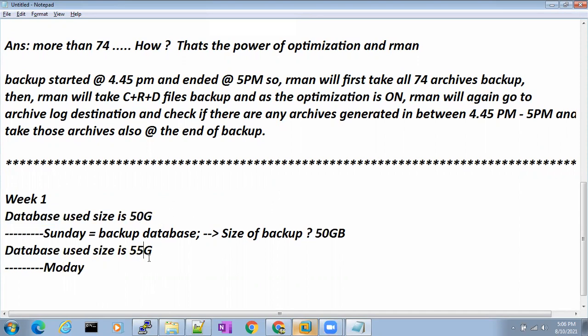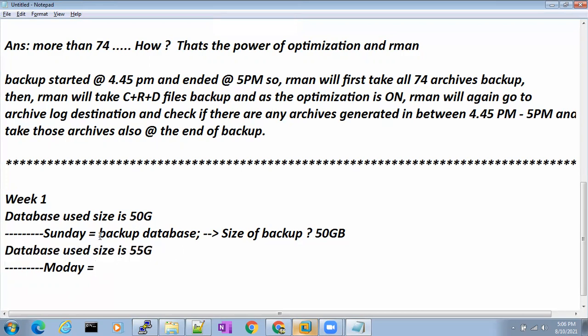Database size is not static, it is dynamic. The data file keeps on growing while the user is inserting, so the database size keeps on increasing. So when I check the size on Monday, the database size is 55 GB.